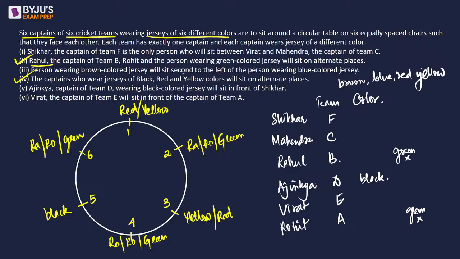Okay. Next statement is person wearing brown colored jersey will sit to the left of the person wearing blue colored jersey. So obviously brown colored is not at 1, 3 or 5. Brown colored is at 2, 4 or 6 depending upon where green colored is. So wherever that person sits, brown colored will sit second to the left of the person.